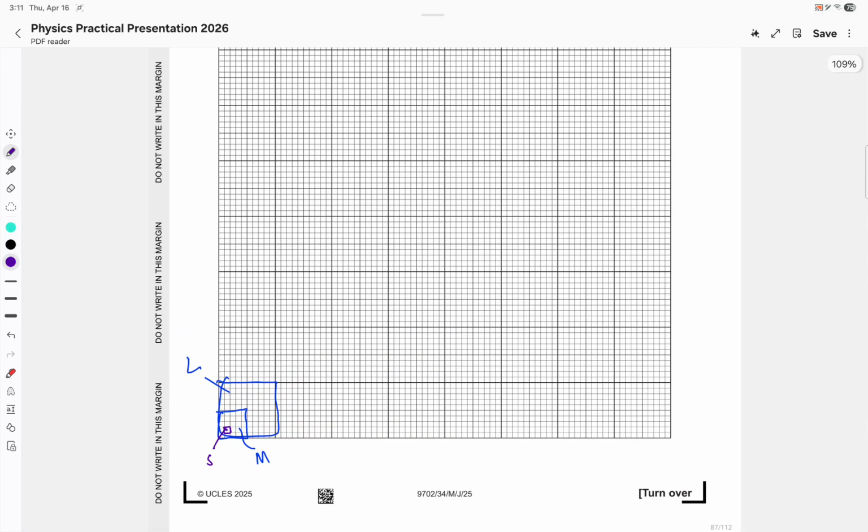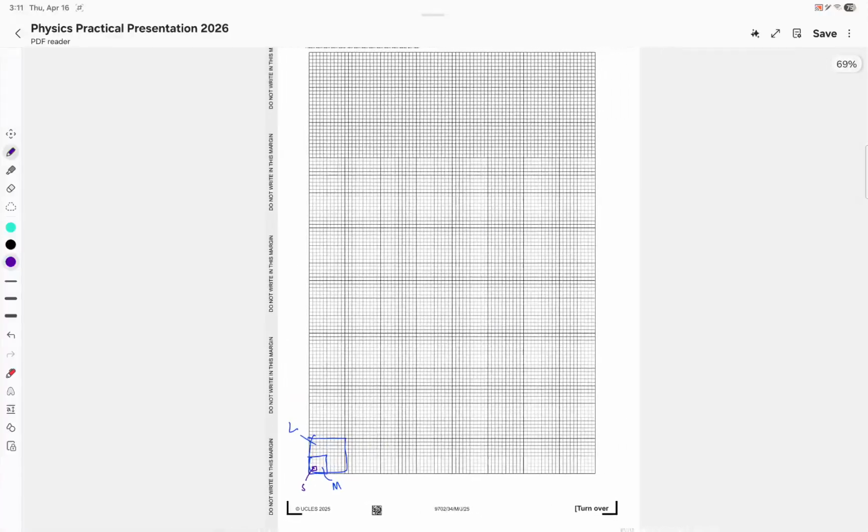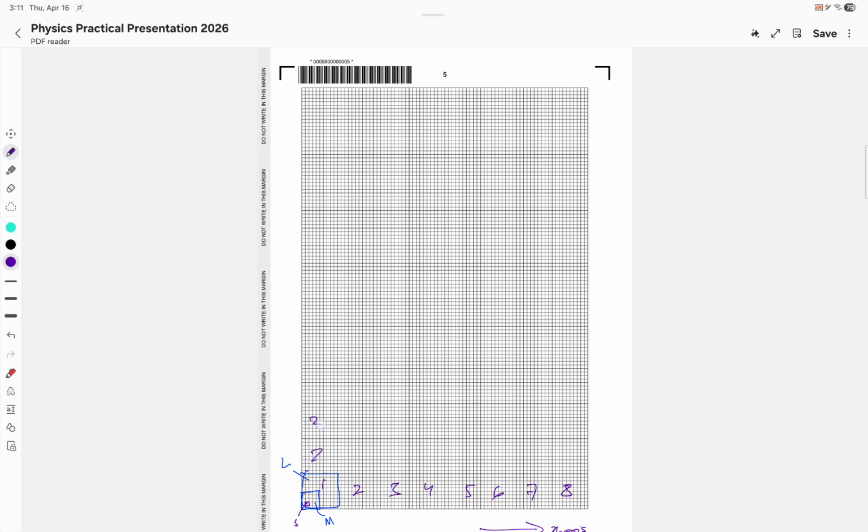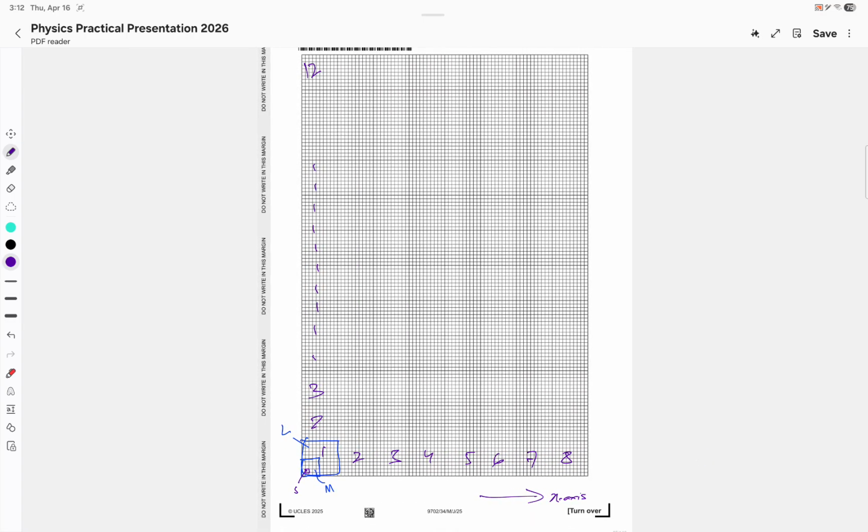Three sizes of boxes will be given to you. Talking about the large boxes, on the x-axis there are 8 large boxes, 1 2 3 4 5 6 7 8, and on the y-axis there are 12 boxes. You will always be given 12 boxes on the y-axis and 8 boxes on the x-axis.